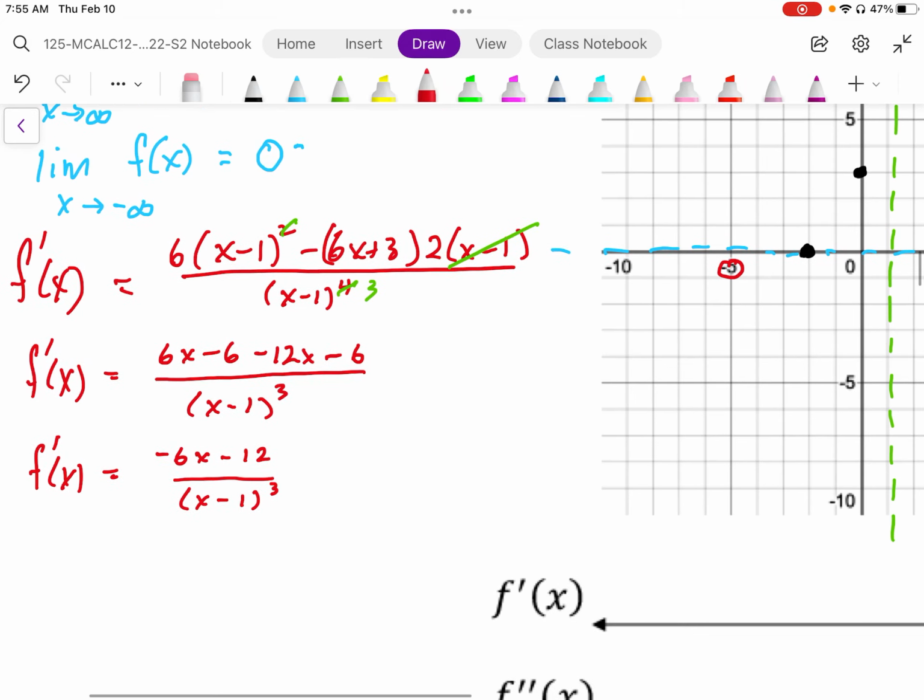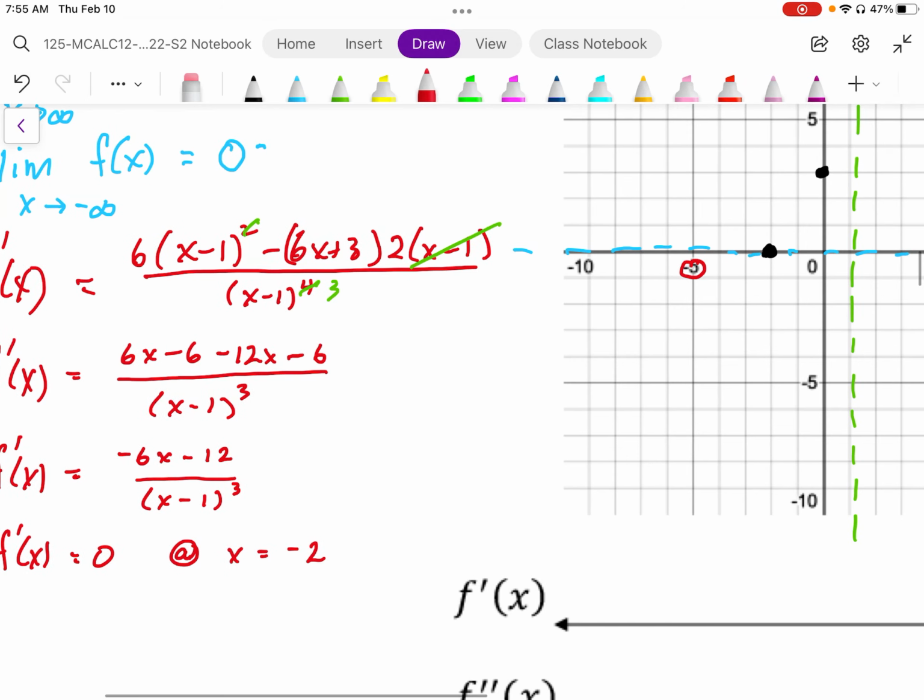Okay, so f prime of x equals 0 at x equals negative 2. Okay, so at x equals negative 2, that solves that equation. I can maybe just show that a little bit clearer by factoring that.